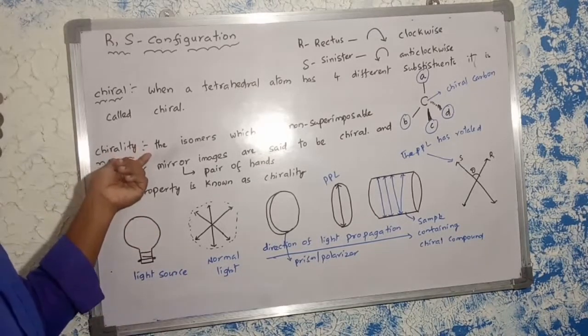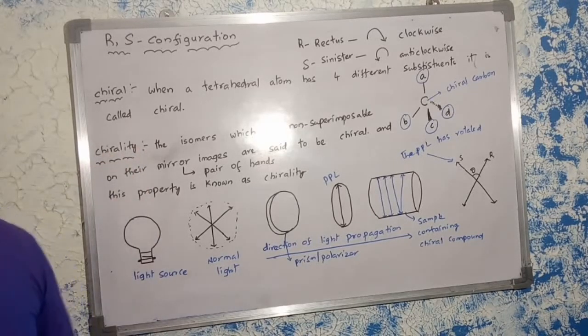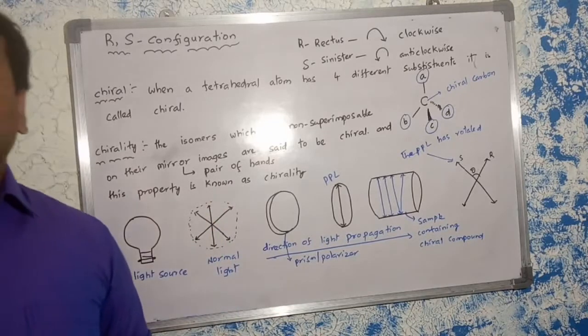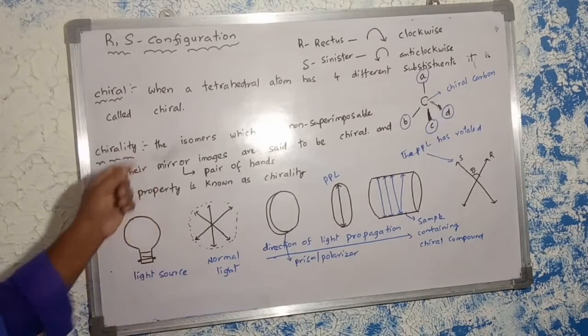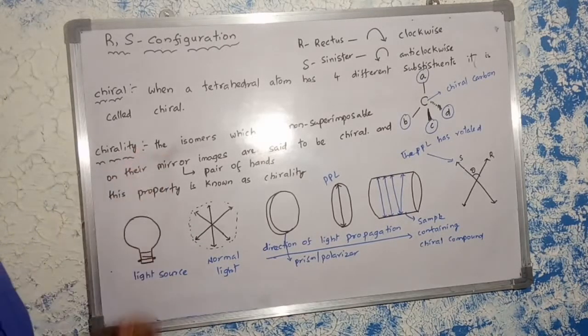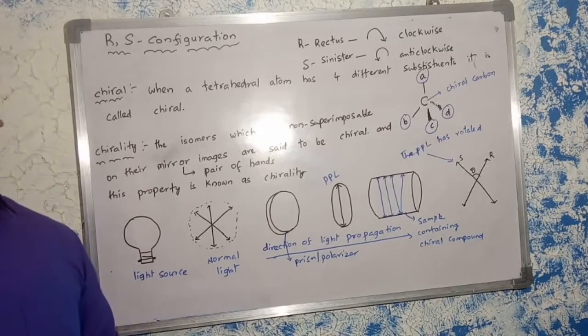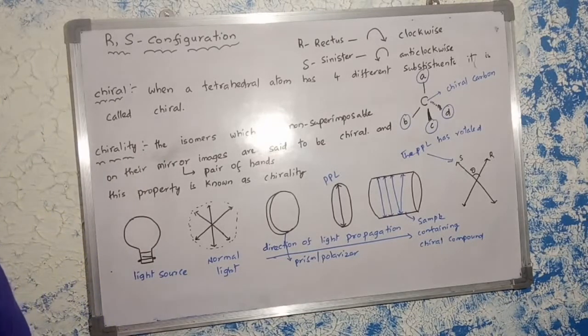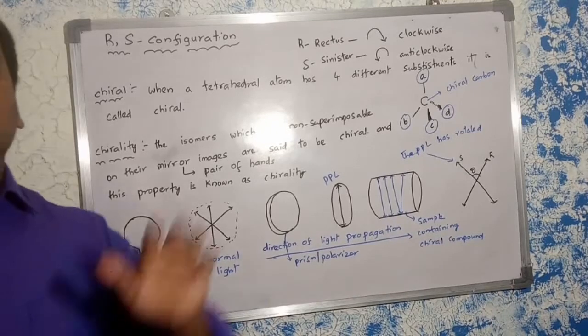In R-S configuration or optical isomerism, chirality is very important. It is the property of optical isomerism. The isomers which are non-superimposable on their mirror images, for example a pair of hands.